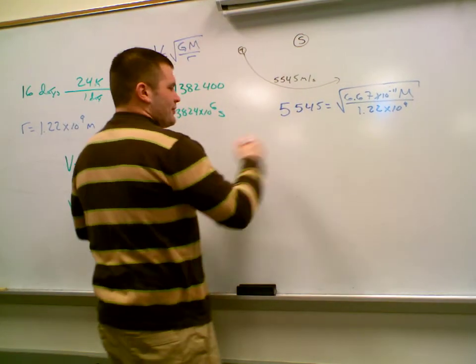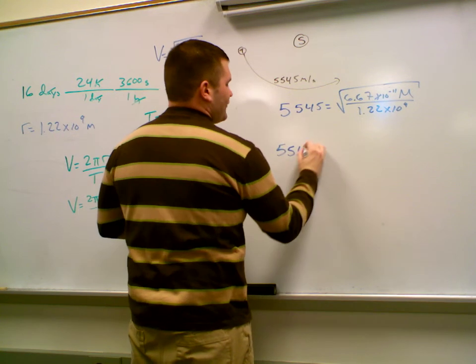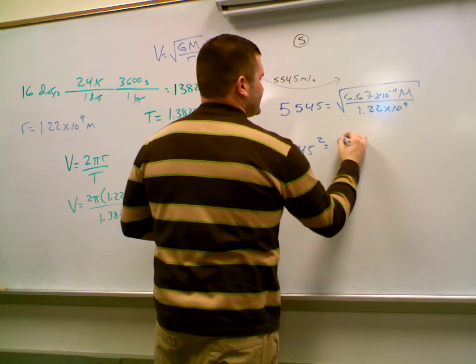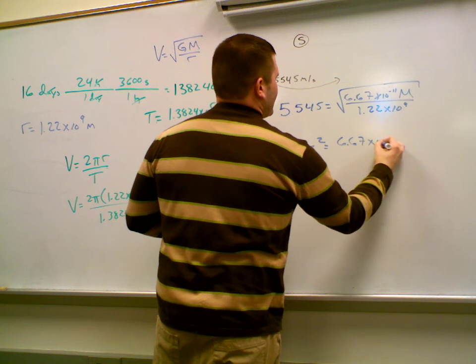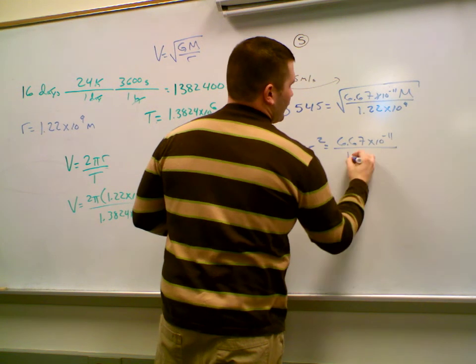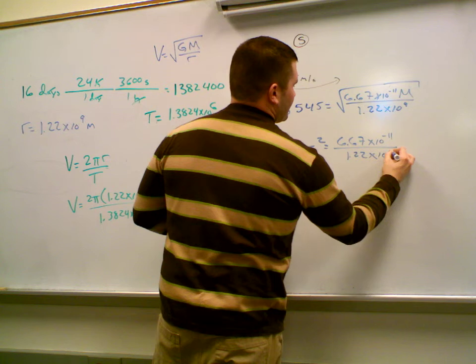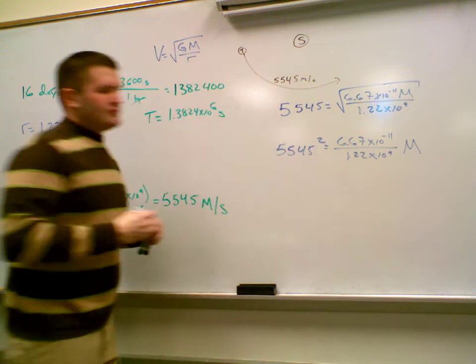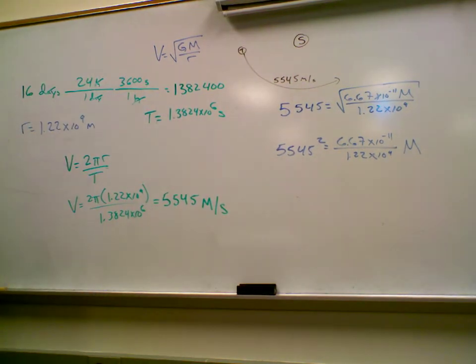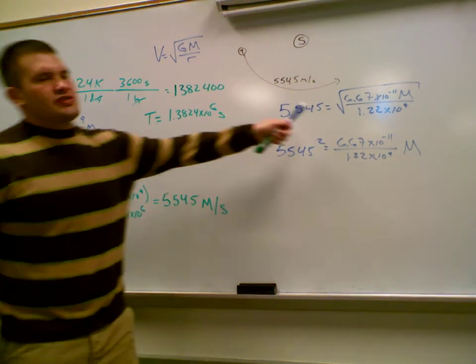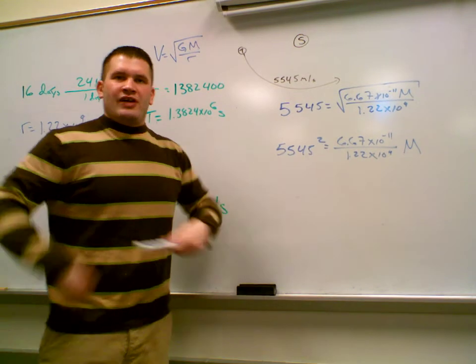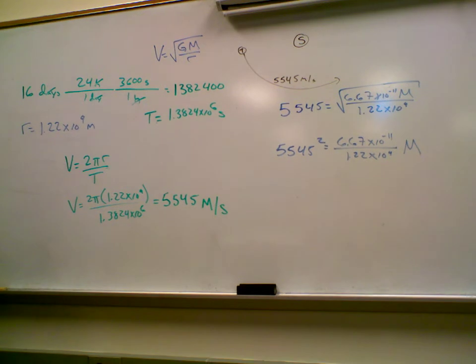So, first step is to square. 5,545 squared equals 6.67 times 10 to the negative 11th over 1.22 times 10 to the 9th times M, right? Why do we square it? Because we need to get rid of the square root. We got to do algebra.